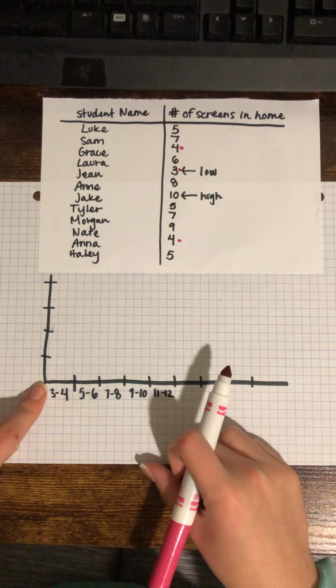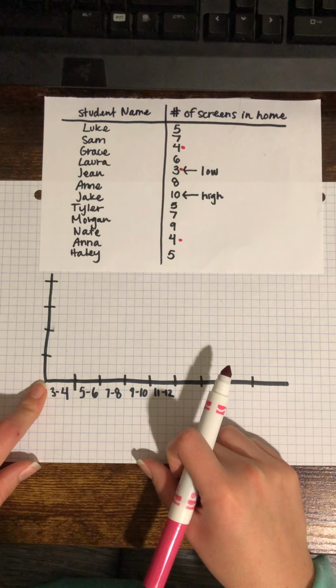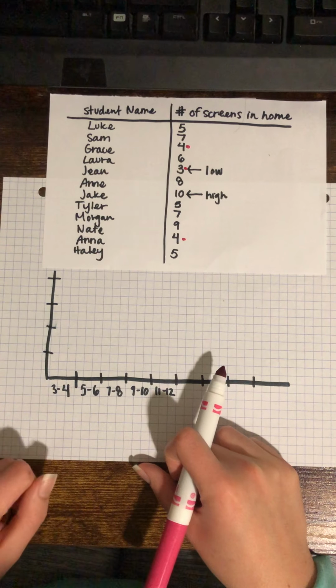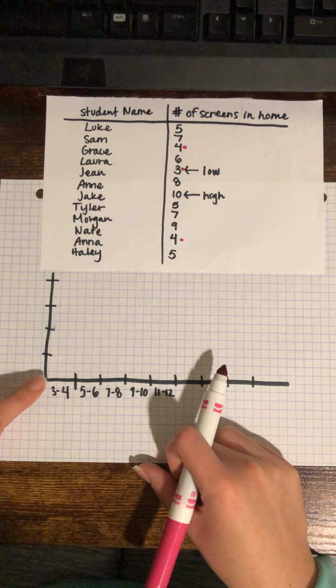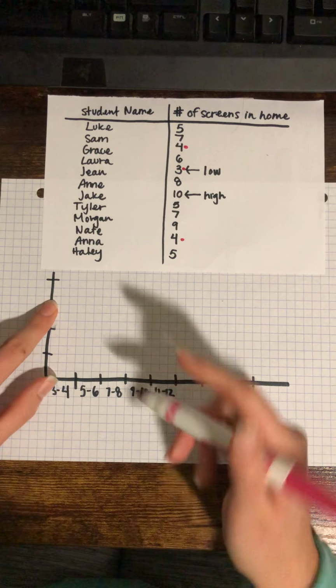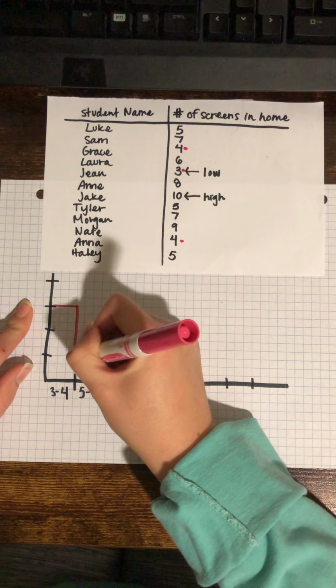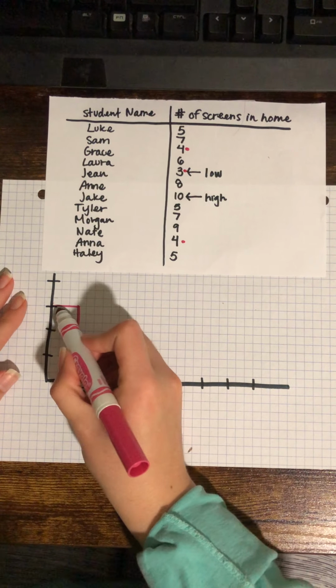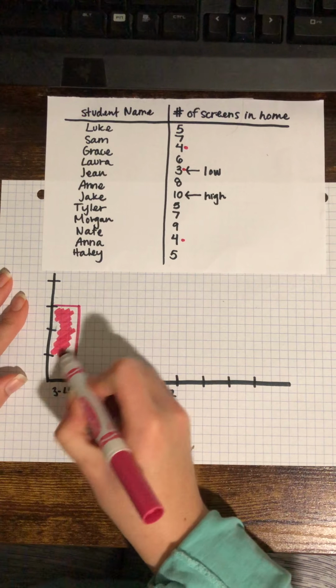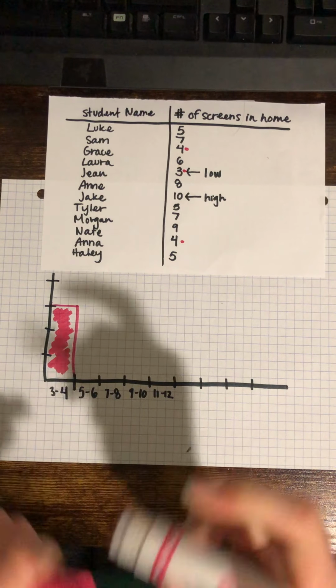So how many steps up do I need to go? I need to go up 3, you're right. So I need to go 1, 2, 3 tall. I'm going to draw my bar here, and I'm going to go down. You can color these in if you get some time, just so it's easy for people to distinguish.